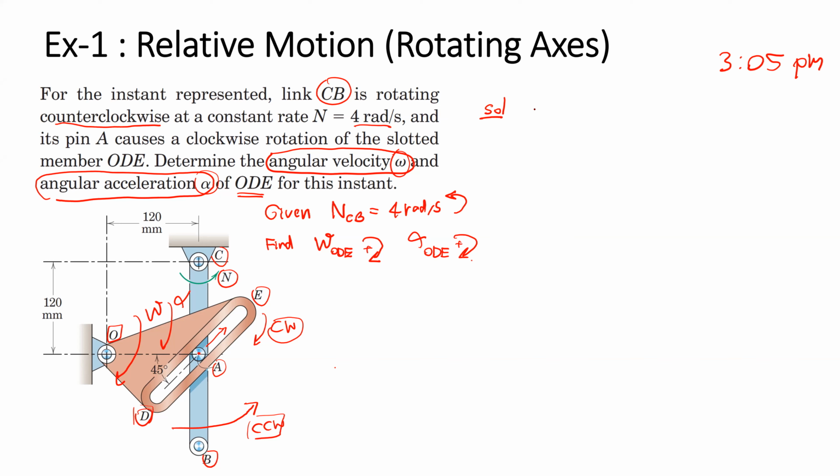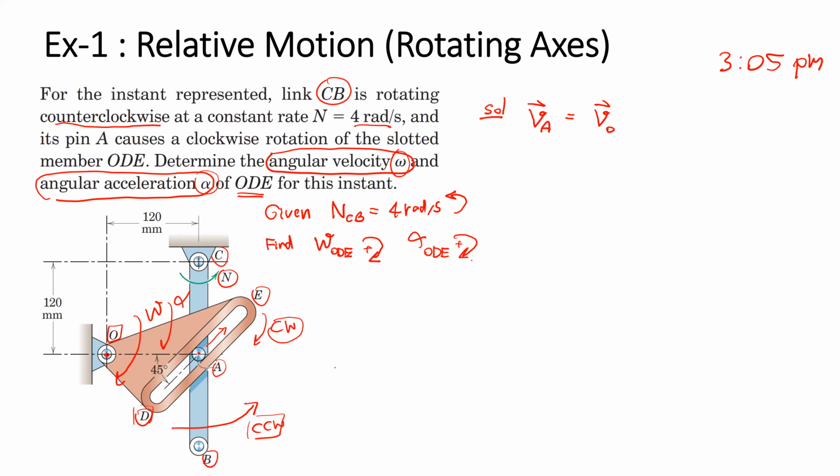For the relative velocity, the velocity vector of point A can be related to the velocity of the rotating reference coordinate. In this case, we set the rotating reference coordinate at the center of rotation of the part ODE, so the velocity is the velocity of point O.